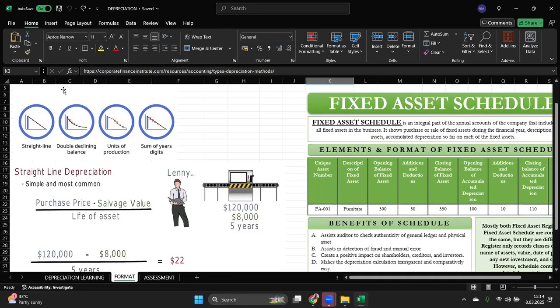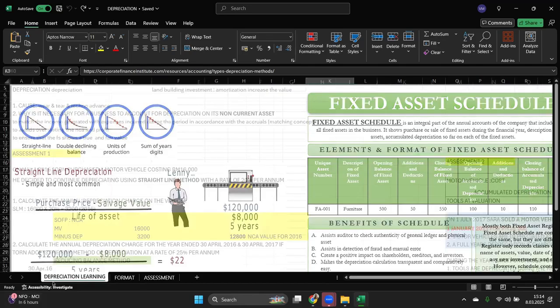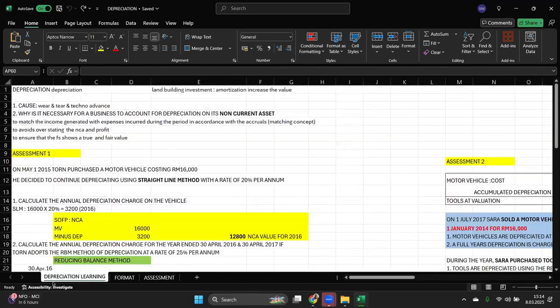So in the very common company, we always use straight line and double declining, or we will even say reducing balance method. So all these will literally have their own format. I'm not giving you a specific format, because during the class, you will understand the format completely.